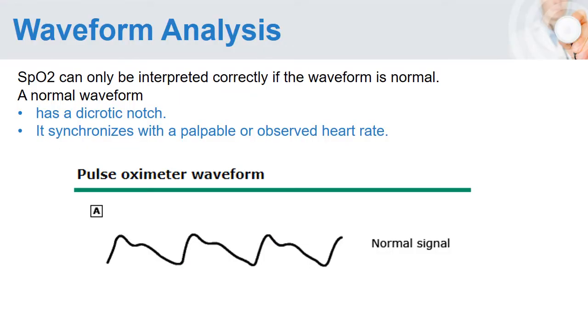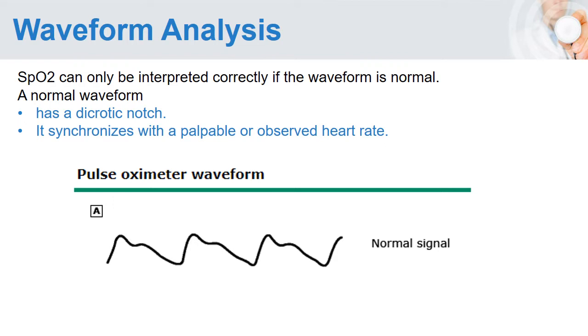What happens in the monitors with the pulse oximeter? We don't get only a reading of pulse, heart rate, and saturation, but also a waveform, and this waveform basically has a dicrotic notch, just like what you see in invasive blood pressure monitoring.